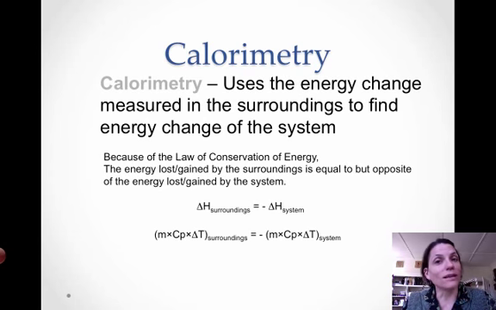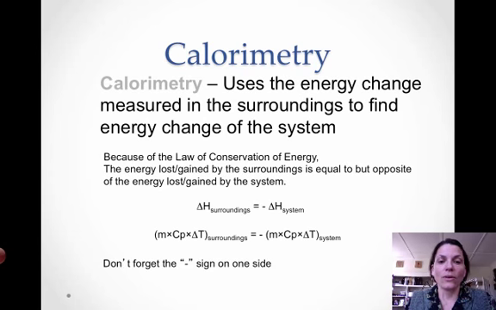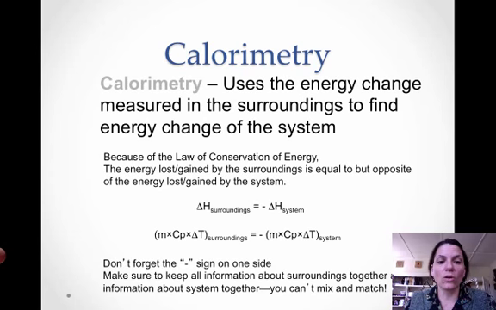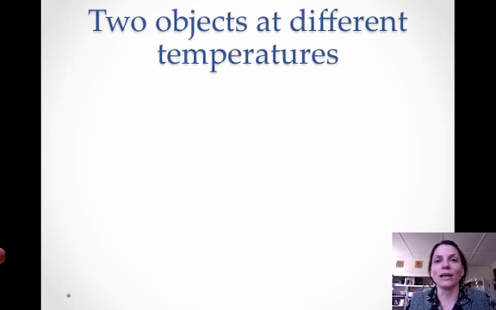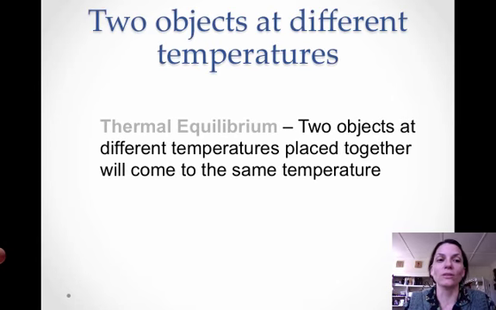Again, we have that negative sign on one side because the energy is flowing in one direction. So energy gained from one is lost from the other. So the negative sign is important. Okay, so we're going to see how this applies in some problems.